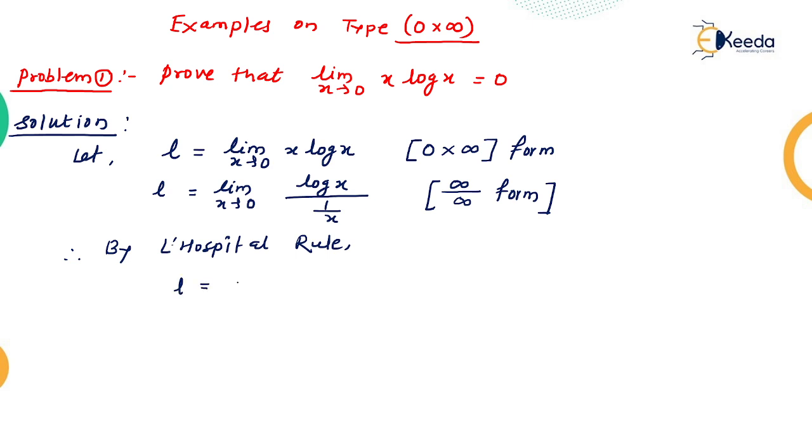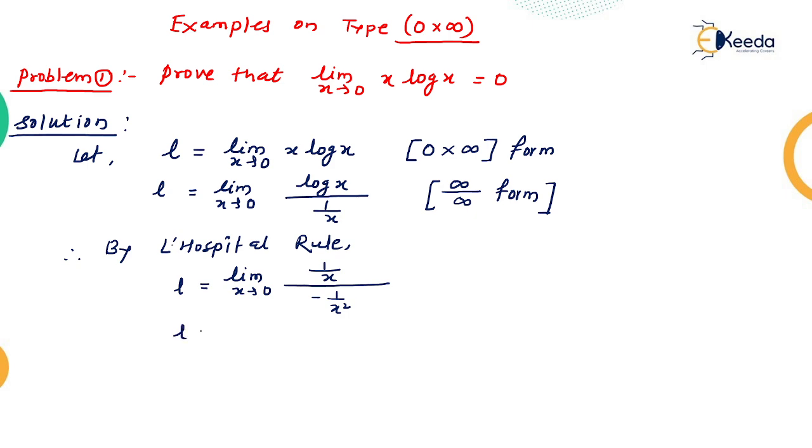It becomes limit as x tends to 0. We have to take the derivative of the numerator, which becomes 1 divided by x, and divided by the derivative of 1 upon x, which is minus 1 upon x square. So by applying L'Hospital rule, we get this step. We have to just evaluate it.